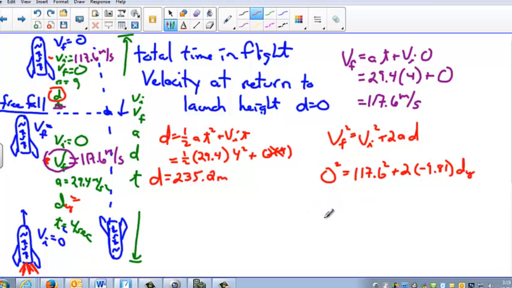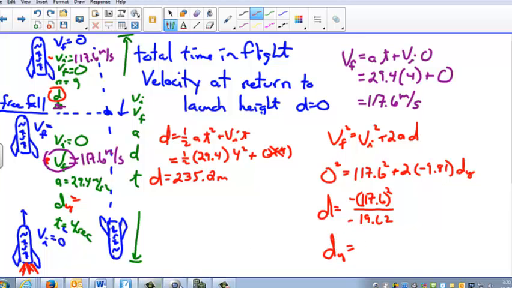So doing a little algebra, my distance is going to be negative 117.6, and I have to square that, divided by a negative 19.62. That's 2 times negative 9.81. So my two negatives will cancel out.